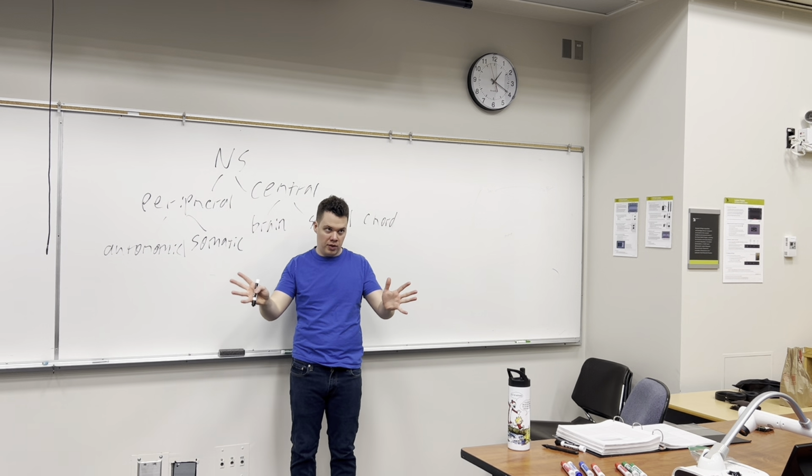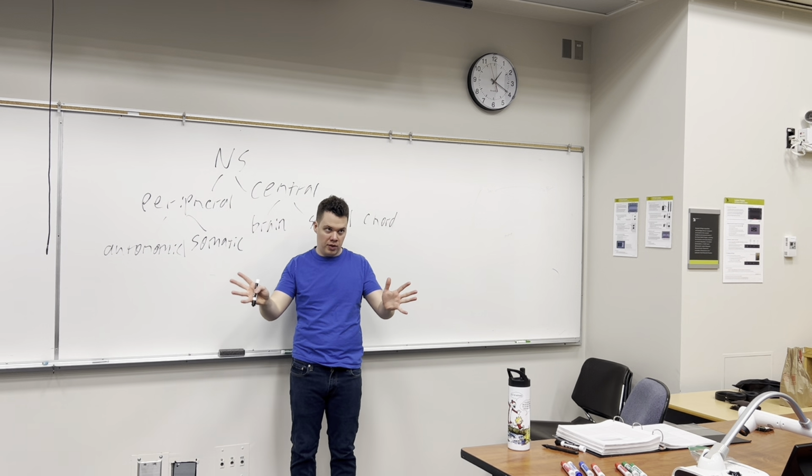The somatic is the conscious part. So the fact that I can touch this and I feel it, or that the nerves get my muscles to move and do things, those are part of the somatic. So touch and voluntary movement are the nerves associated with the somatic.